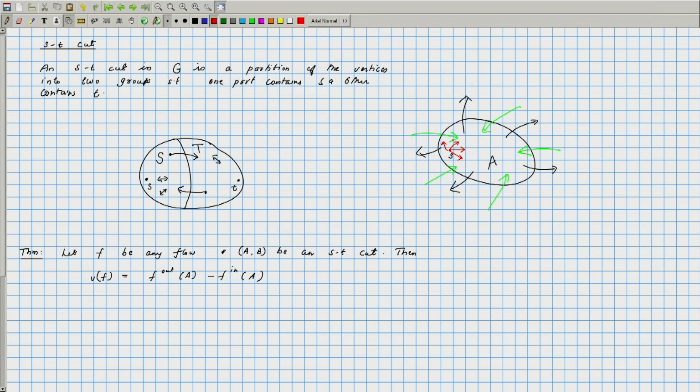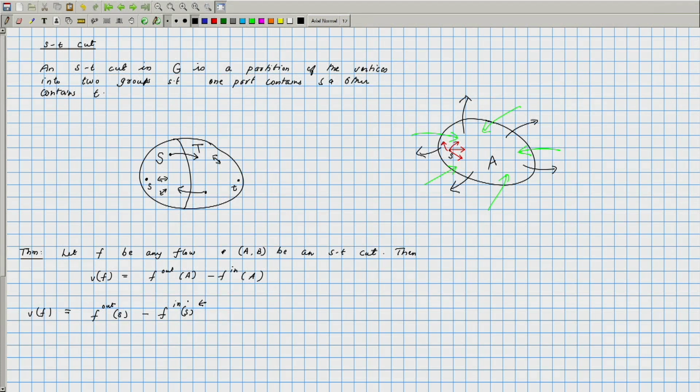Now, we need to show that these two quantities are equal. So, how do we do that? Note that the value of the flow is equal to F out of S minus F in of S. This is so because F out of S is the value of the flow, and F in of S is 0.